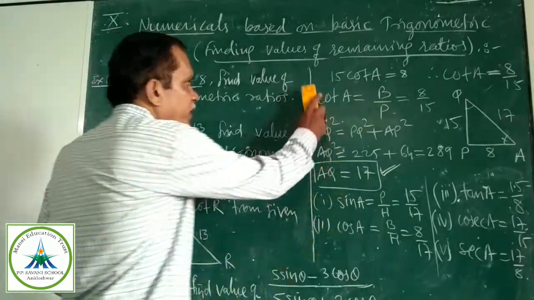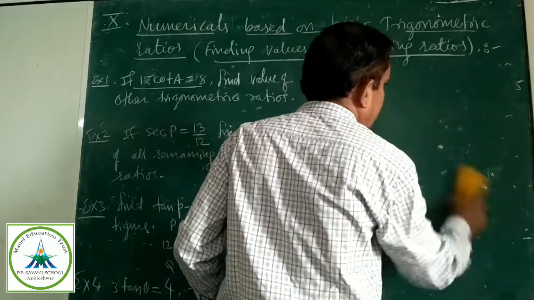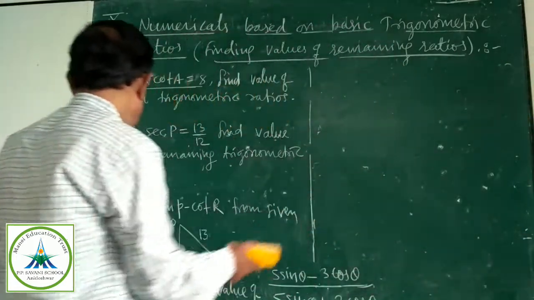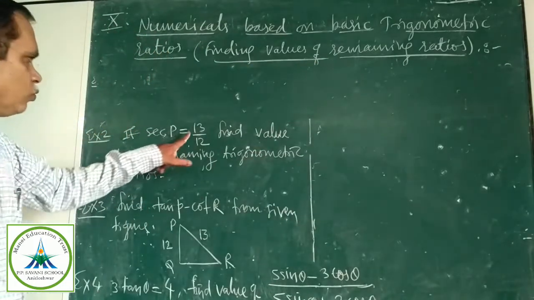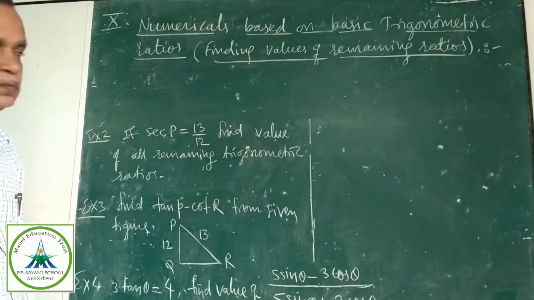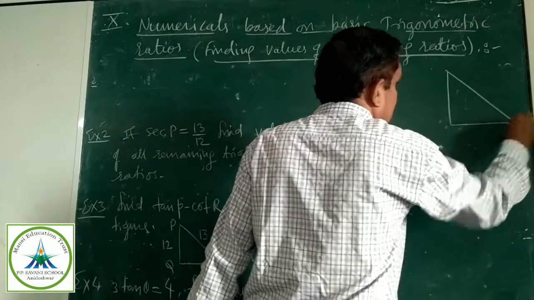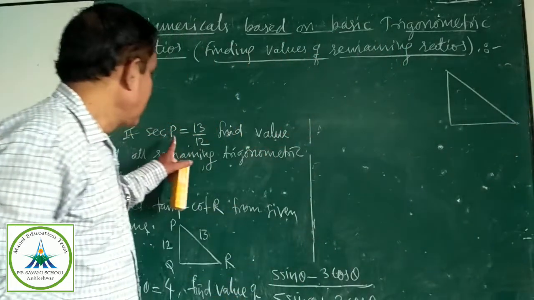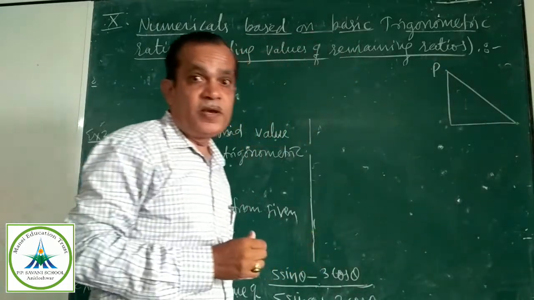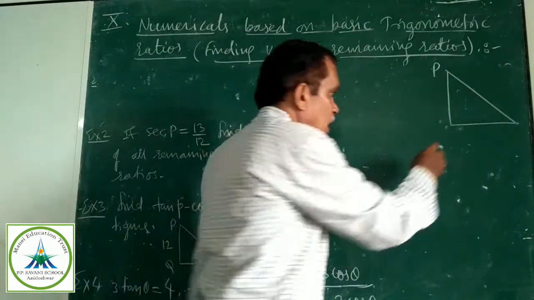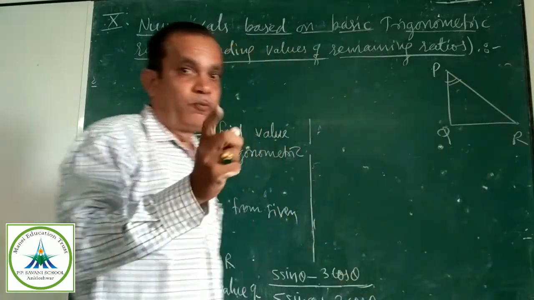Okay, very good. Now next, see. Second: sec P equal to 13 upon 12. Now what we will do in the right triangle? Tell me the name of the angle, P. The acute angle is given here, this is given as P. Other two names I am giving, Q and R. See, it is up to you.